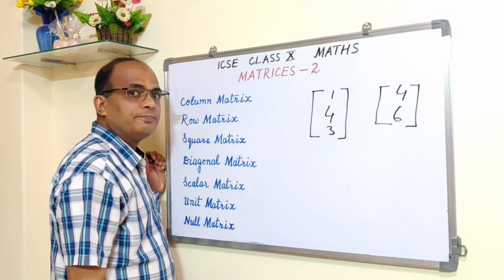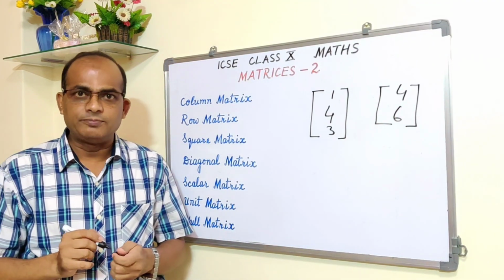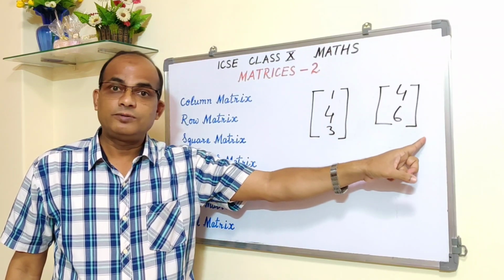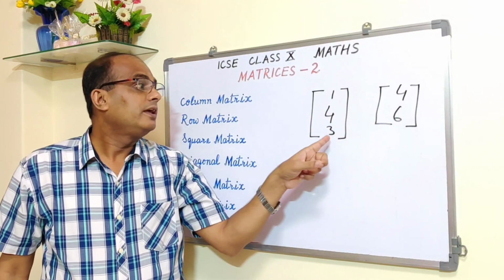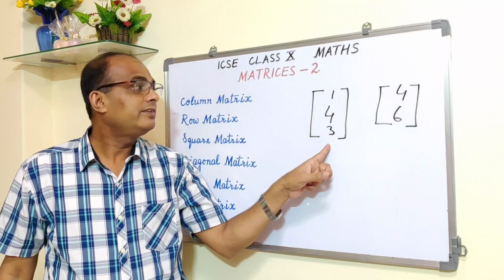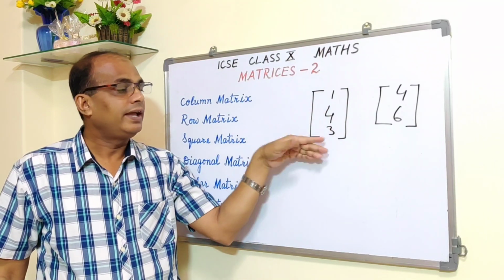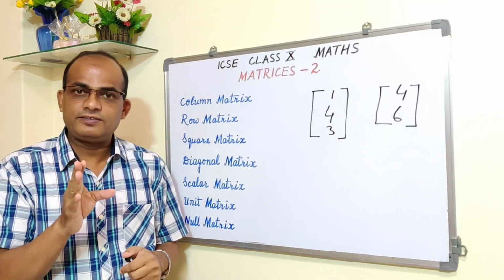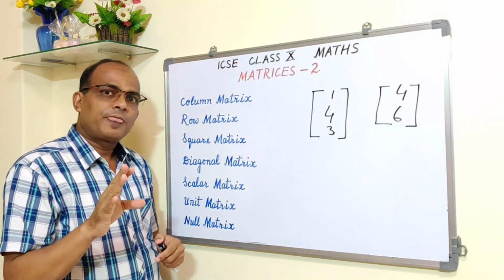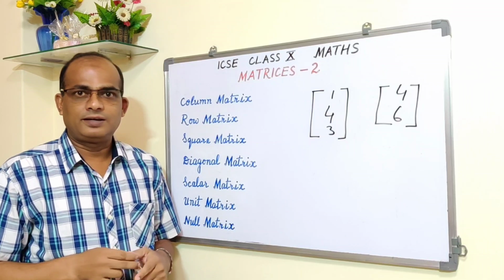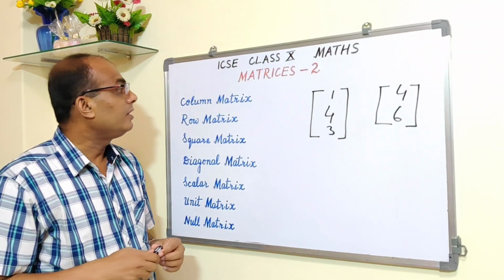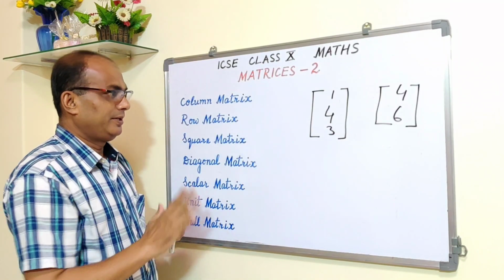There is only one column, so it is called a column matrix. The order is here: there are 2 rows and 1 column, so the order is 2 by 1. Here the order is 3 by 1 because there are 3 rows and 1 column. And once again I am telling you, we don't have matrices of order 3 by 3 in our ICSE syllabus for class 10. Okay, so this is column matrix.